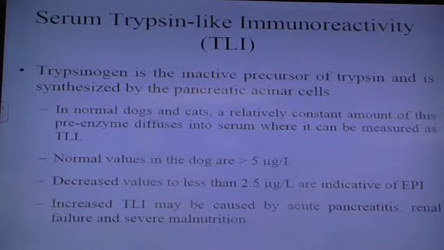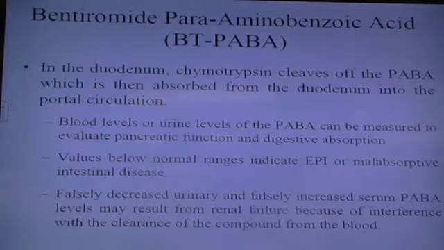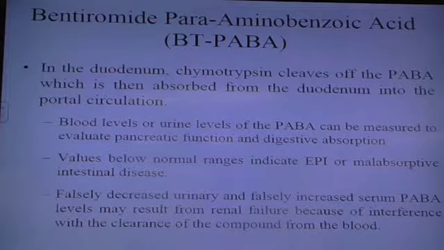Okay. Now, as far as another one, we have bentiromide, para-aminobenzoic acid, or PABA. This is a substance that you give orally, and when it gets into the gut, chymotrypsin from the pancreas will cleave the bond between the bentiromide and the PABA.